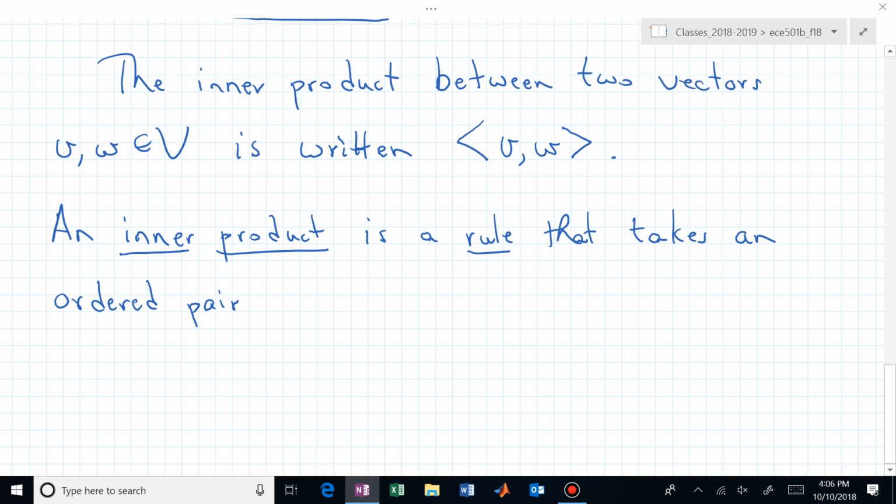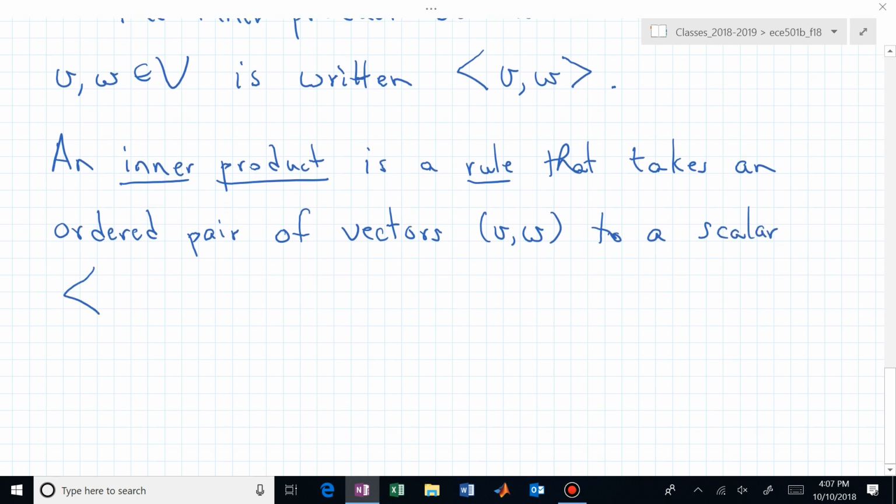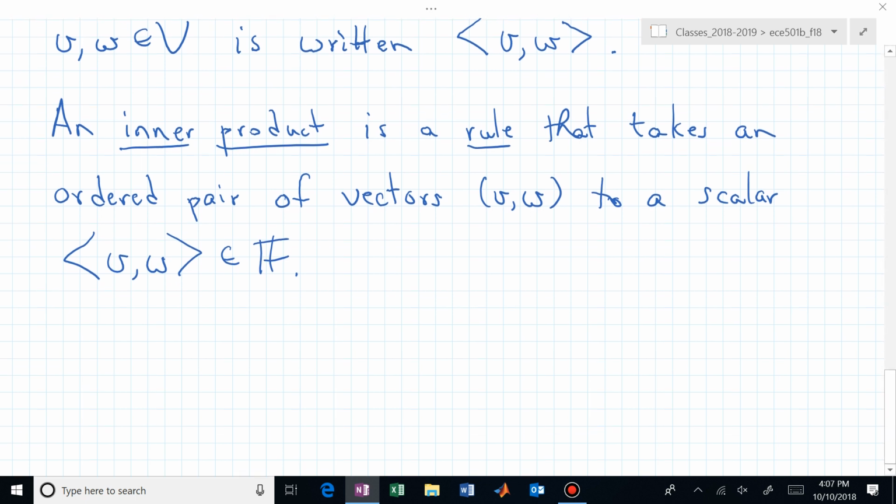It takes an ordered pair of vectors, which we might write as (V, W) in parentheses, to a scalar. And the scalar is given to us by bracketing V and W, and that result will belong to whatever scalar field we are dealing with, the reals or complex. So that's the rule. We want to take two vectors and create a number, a scalar, from those.